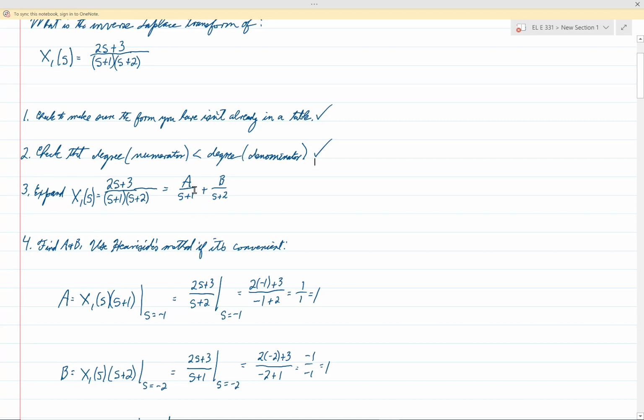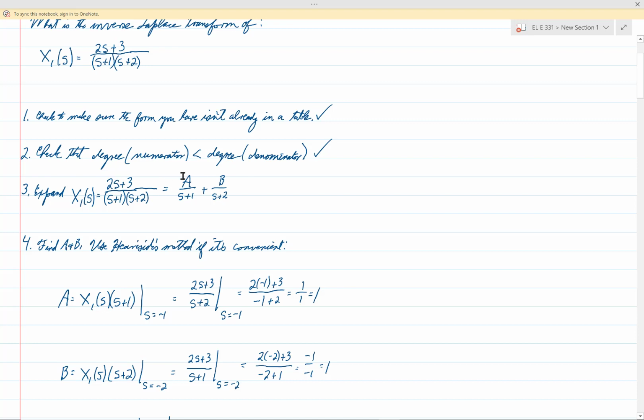And so you would have (s + 1)(s + 2) in the denominator, and then in the numerator you would have various terms that would involve A and B. And then you could equate the coefficients.